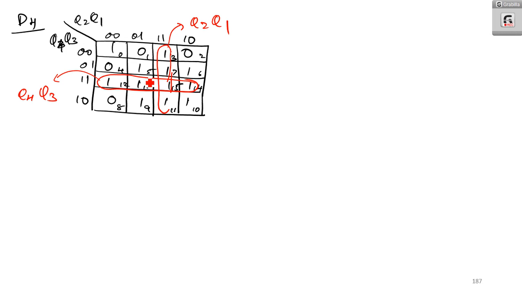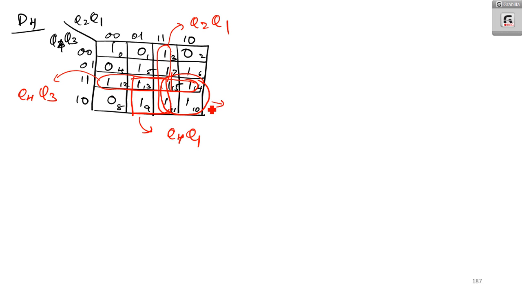Yeah, we can make another quad because this one and this one need to be included. So we can make a quad like this, including this one. Here which is common? Q4 is common. There Q1 is common. So you get Q4 Q1. Then another quad you can make like this.